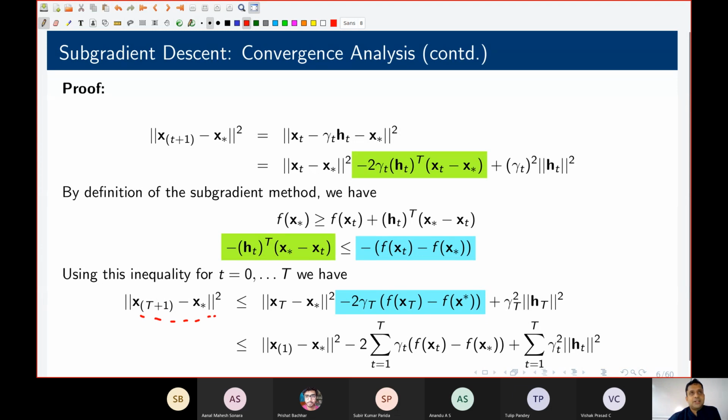This term, xt plus 1 minus x star. Should there not be an additional minus on the left hand side? It should not be minus xt. This should not be minus, because the equation will be wrong. So you're saying it should be plus. Okay.